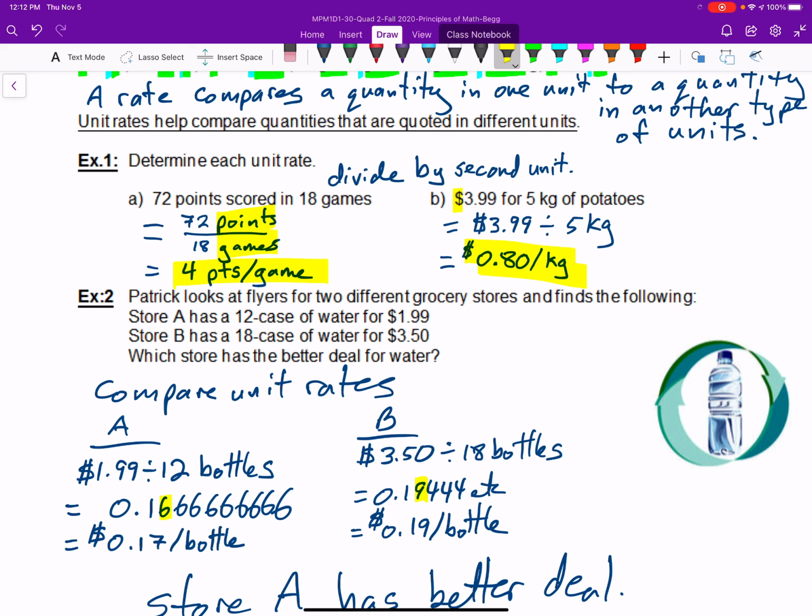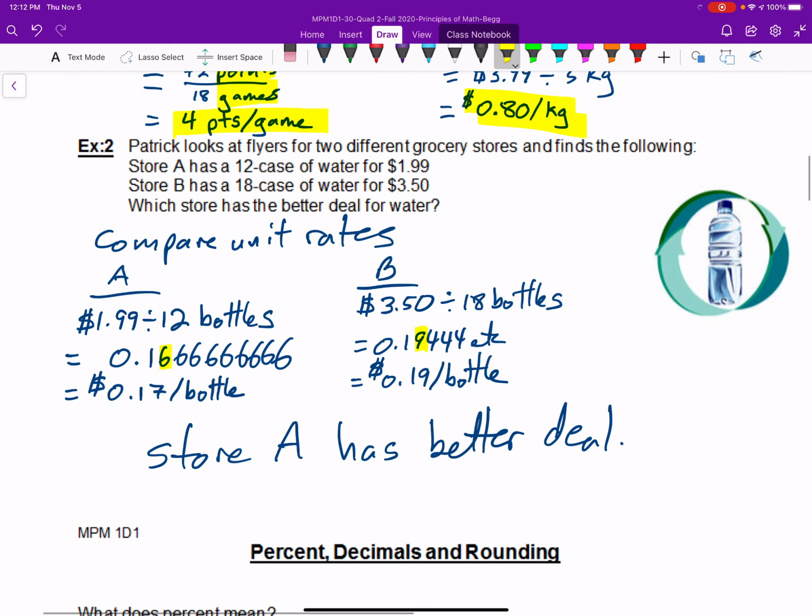$3.99 divided by 5 kilograms gives us 0.08 per kilogram. Patrick looks at flyers for two different grocery stores and finds the following. Store A has a 12 case for $1.99, so we can get the unit rate for that.